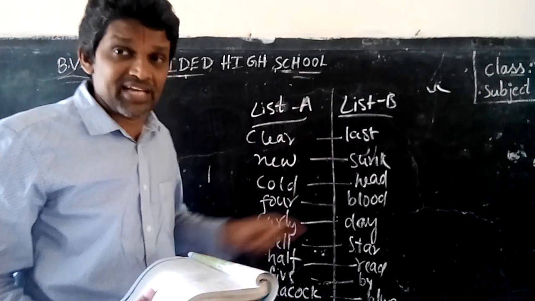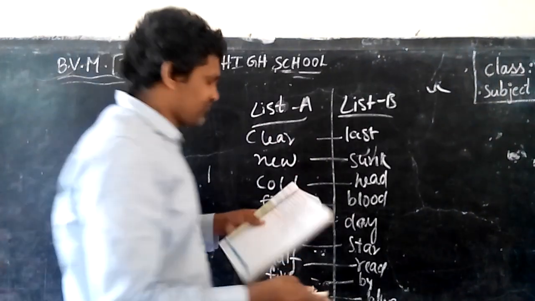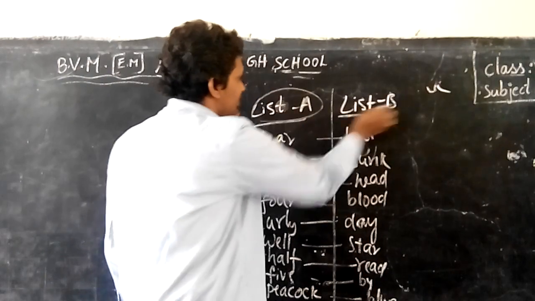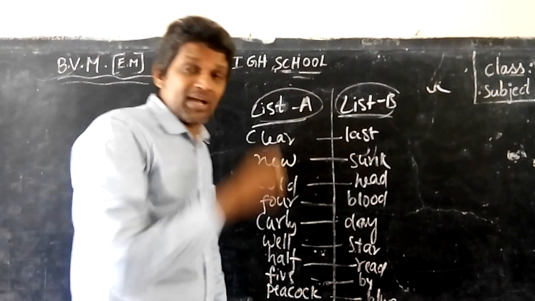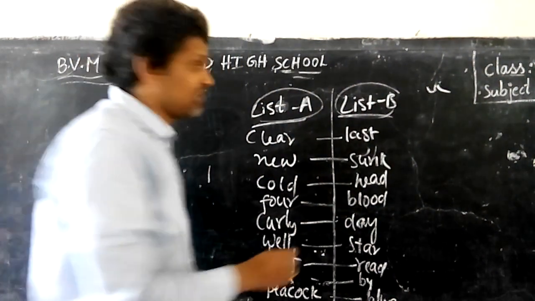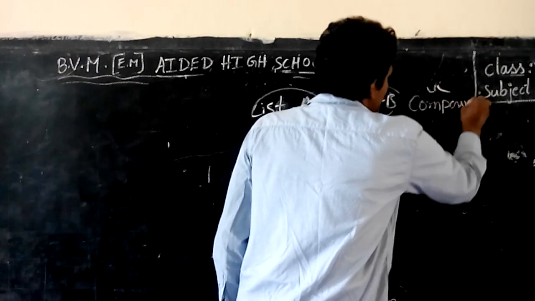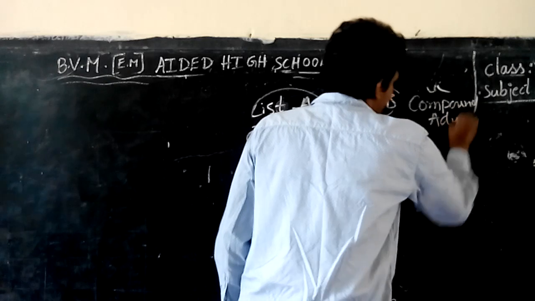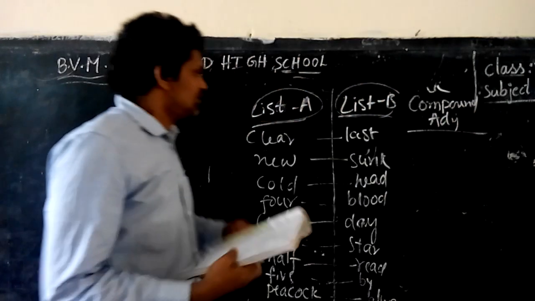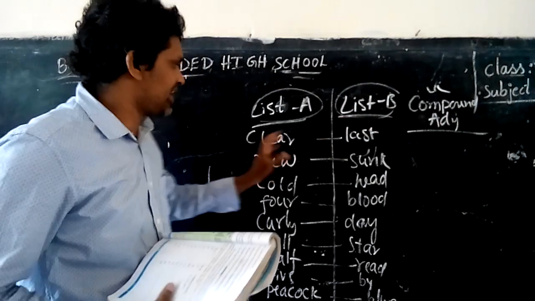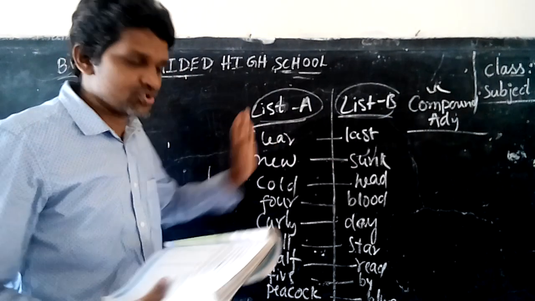The first one was done as an example for it. See the first one. So this is one adjective and these are some adjectives. By combining these two adjectives, you should make a compound adjective. So form a compound adjective by combining these two words.